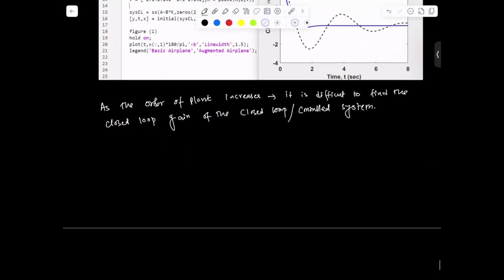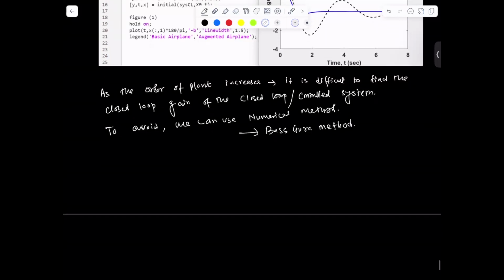So to avoid this, we can use a numerical method. One of the numerical methods is called Bhaskara method. So here we can find the control gains, or we can say the control matrix.